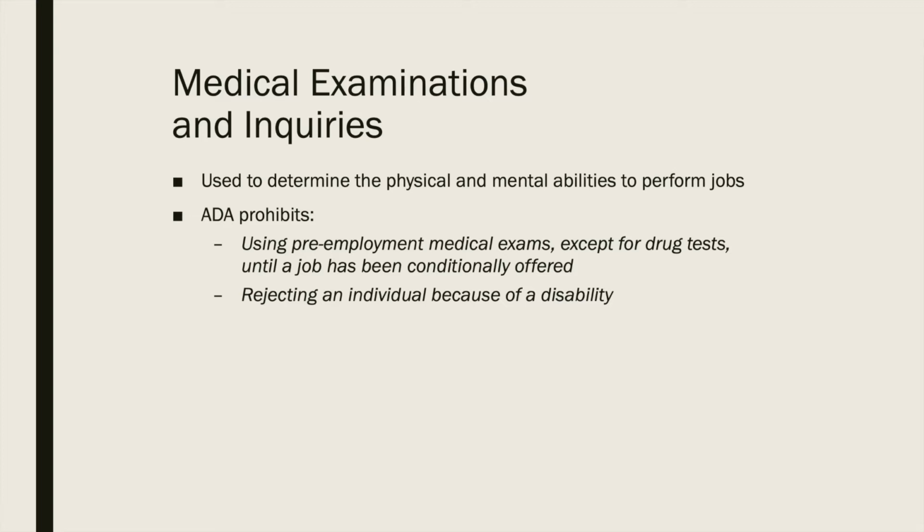So if you can make reasonable accommodation, then you need to hire them if they're in all other respects the most qualified. If it's an undue burden or a hardship to hire them, that means if they place themselves in danger or endanger others around them because of their employment, you don't have to hire them. But pre-employment medical exams, you can't do that until you have conditionally made an offer.